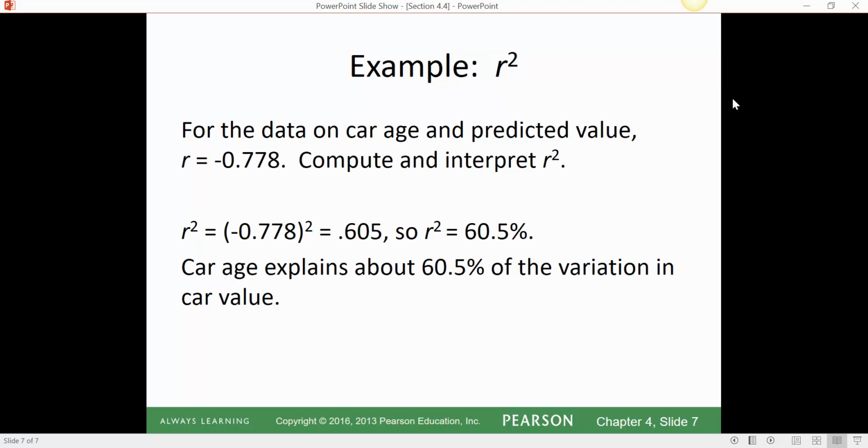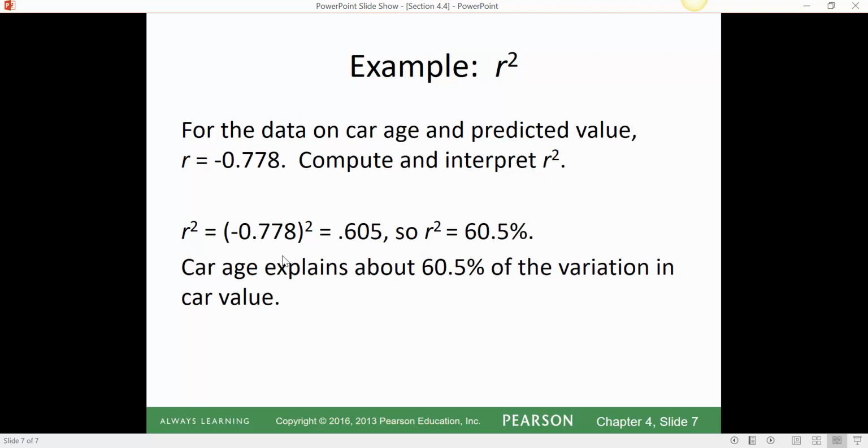After doing so, we get 0.605, or as a percent, multiplying by 100%, 60.5%. We can interpret this as: car age, the x value, explains about 60.5% of the variation in the car value.